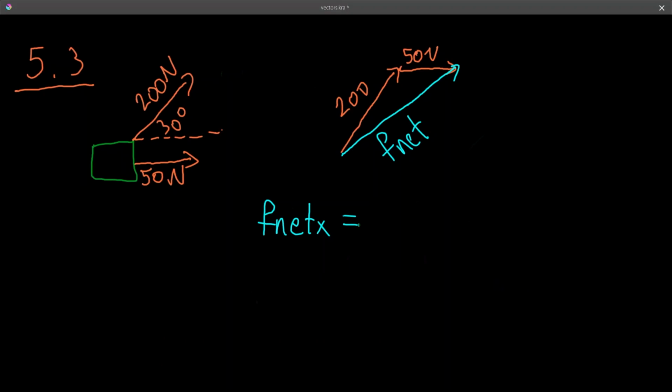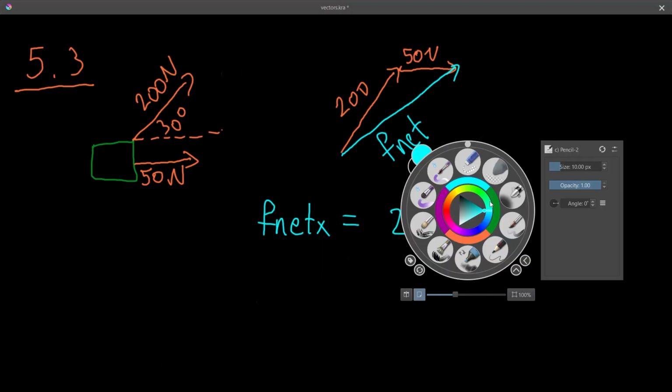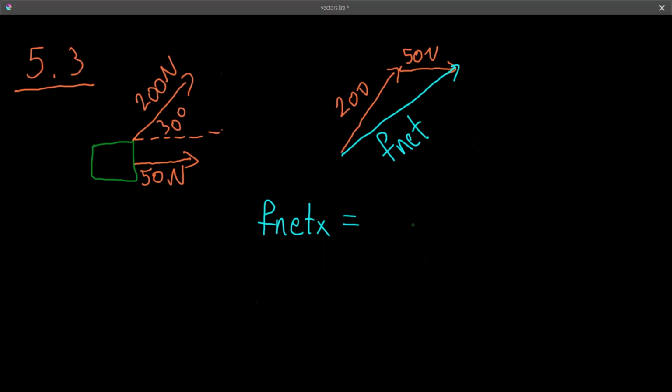So the x component of the first one is just 200 cosine 30. And for the other one, you could just consider the angle to be 0. So you can say this is plus 50 cosine 0.